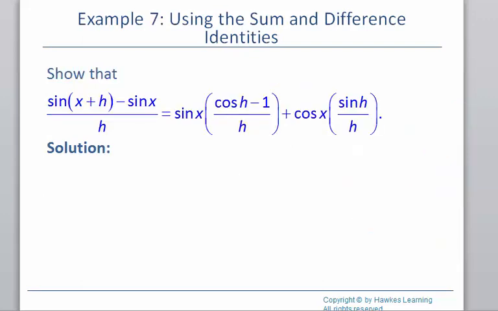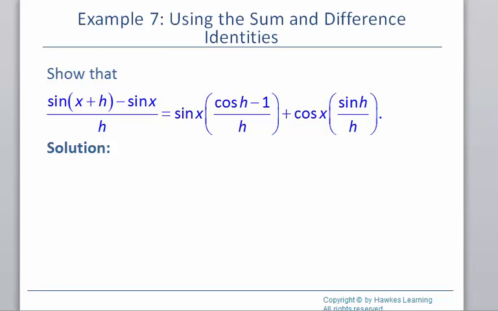Our next example asks us to use the sum and difference identities to show that sine of x plus h minus sine x over h is equal to sine x times cosine h minus 1 over h plus cosine x times sine h over h. And this problem is one that, upon first glance, looks fairly difficult. So let's start with the left-hand side.